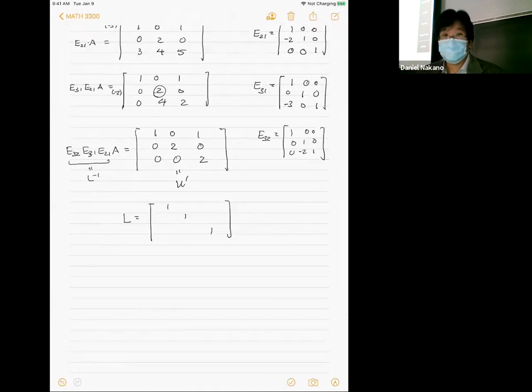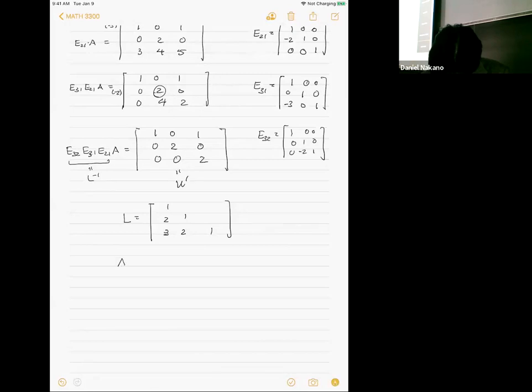So in the 3, 2 spot is going to be -2, and 3, 1 is going to be -3, and 2, 1 is going to be negative or positive? Positive. Okay, so remember, look at negatives of the multipliers. So 2, 3, 2. Good. Okay. Everyone all right with that? Nice, easy formula for the inverse, right?